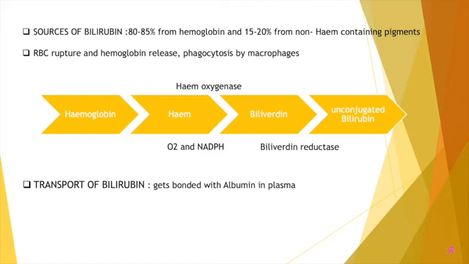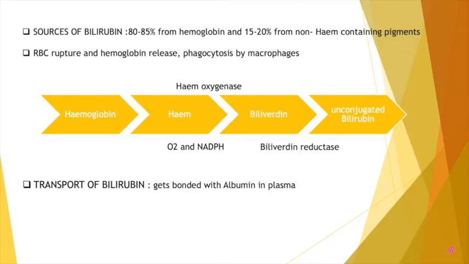Sorry, I forgot to mention one thing. The bilirubin formed here in the macrophages is unconjugated. What do you mean by unconjugated? It is not bound to anything. It is free bilirubin. So it is this free bilirubin that is getting released into the plasma.